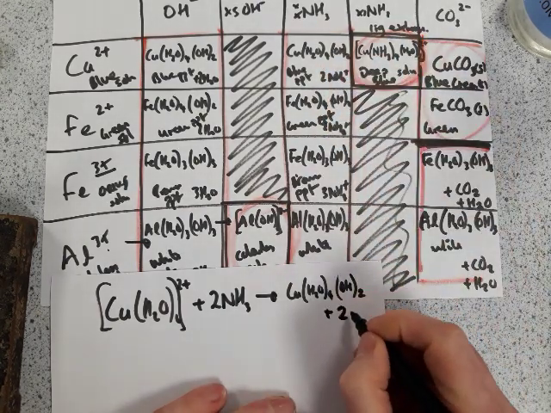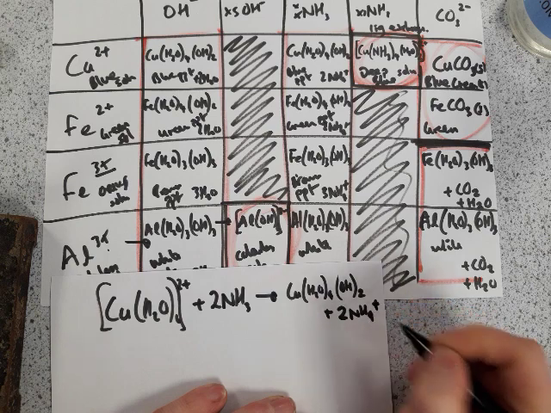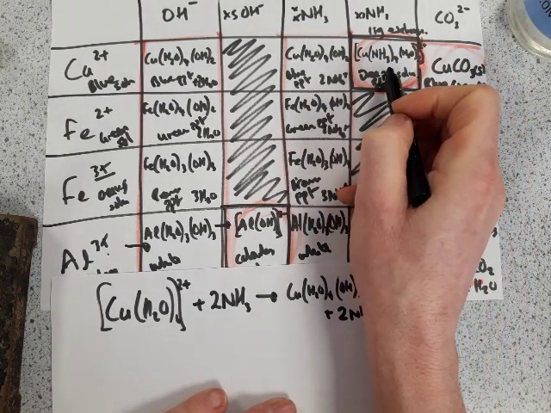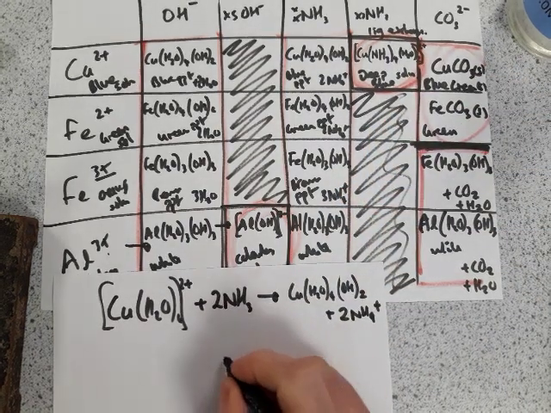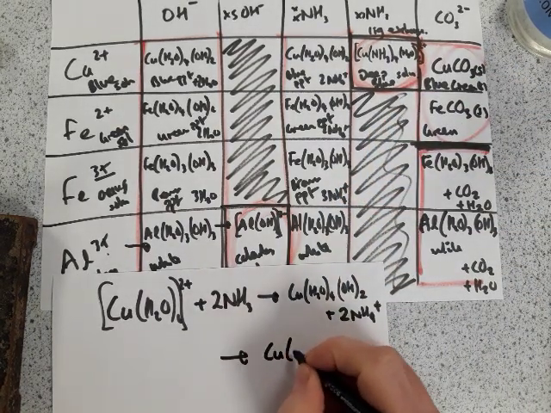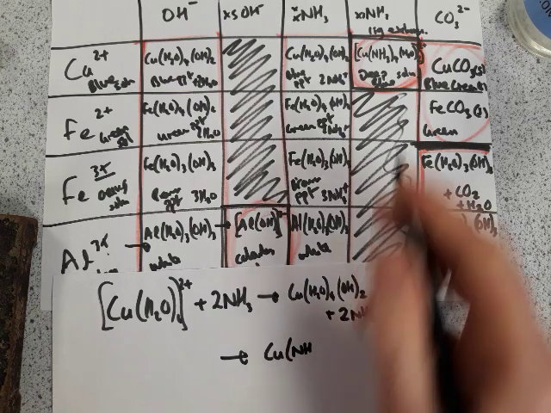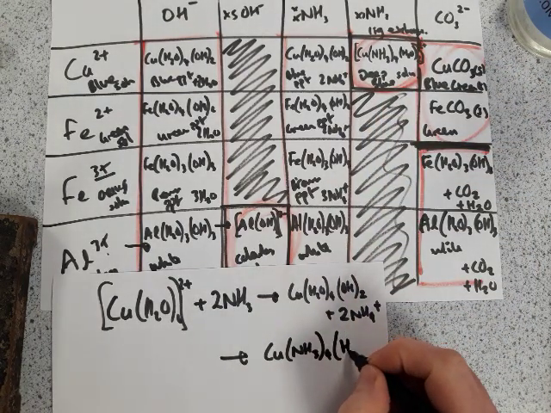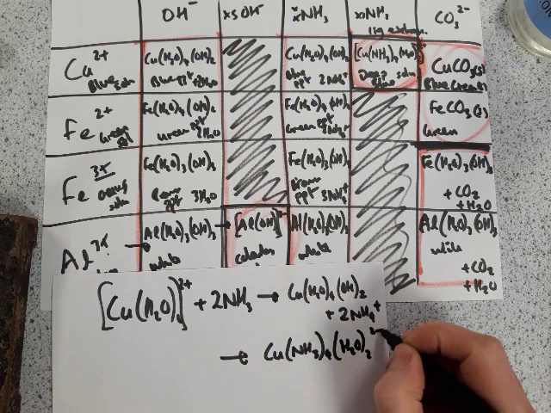You'll make 2 NH4 plus. And then what happens if you keep adding it? Well, if you keep adding it, you're going to end up at this deep blue solution. That deep blue solution is [Cu(NH3)4(H2O)2]2+.